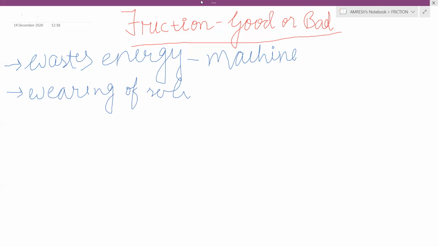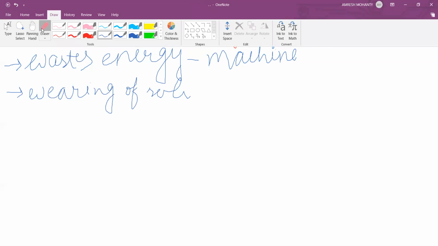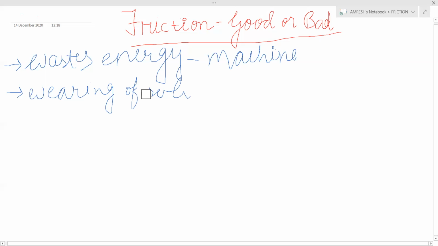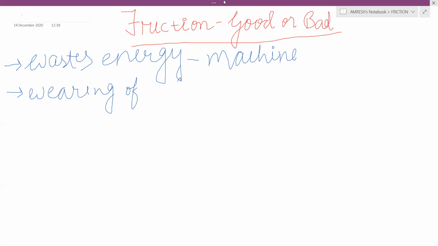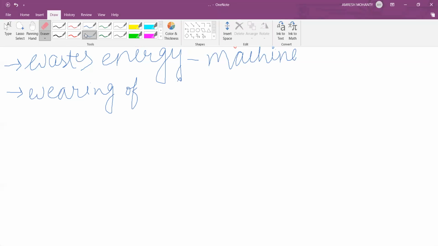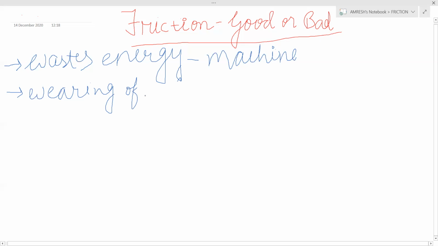You must have observed that while walking on the road, your feet and your shoe suffer friction. Because of that, the sole of the shoe gets worn. Wearing of the sole of shoe.